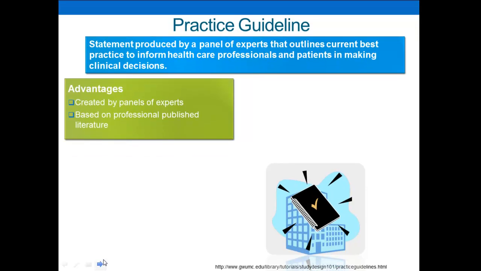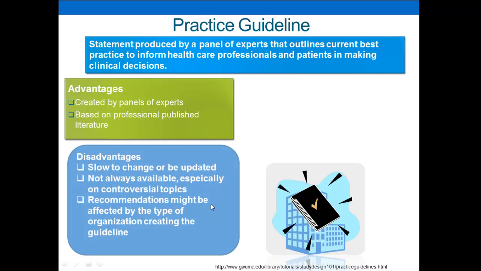Now, as it comes to that, there are a couple of things you need to know when it comes to these different types of evidence. With practice guidelines, as you can see here, they have a couple of advantages. One, it's a guideline that's created by a panel of experts and is based upon professional published literature. And that's very important. Whereas an expert opinion is many times, it may have some literature base, but mainly it's based upon that person's experience.